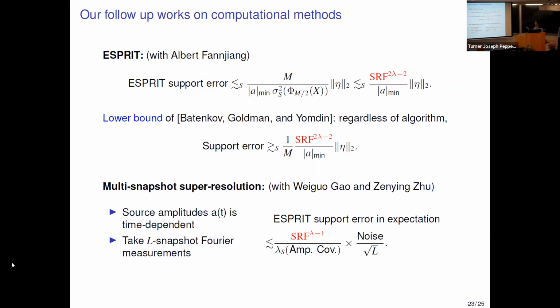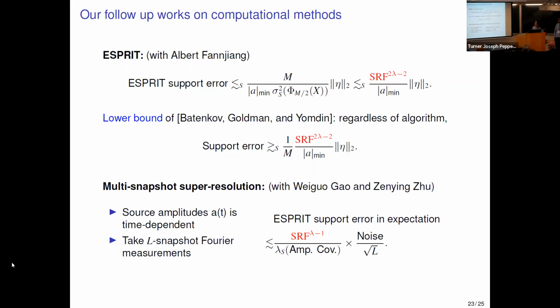We prove that ESPRIT has an error bound of the super resolution factor to the power lambda minus 1. Importantly, you can see that with the information from multiple times, we really improve this conditioning factor: we reduce the power by a factor of 2, which shows that the time information can be very helpful.